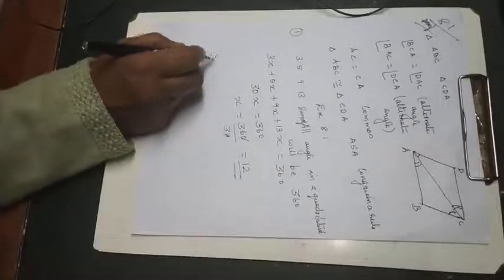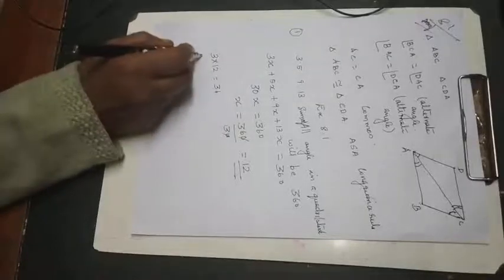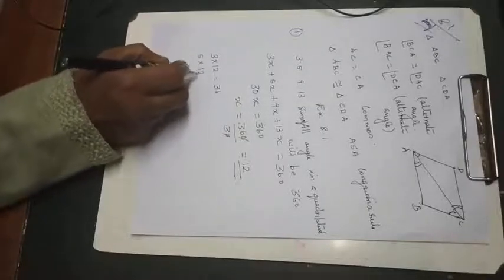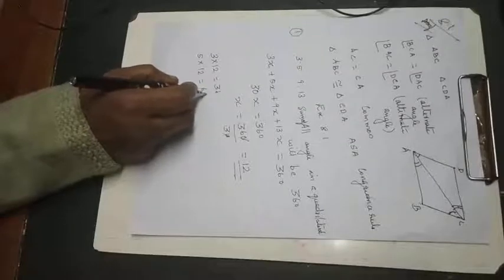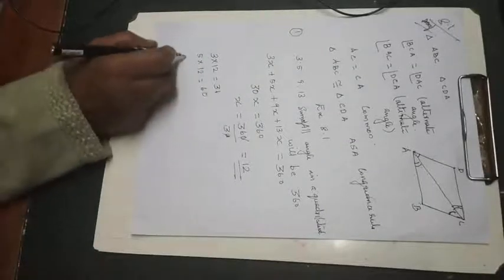Now can you find each angle? The first angle will be 3 into 12, 36. The next one will be 5 into 12, 60.